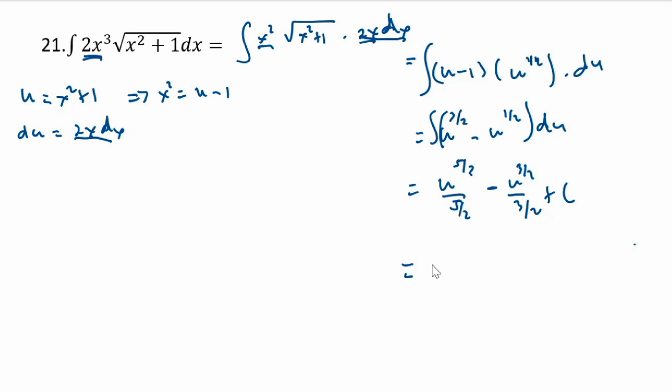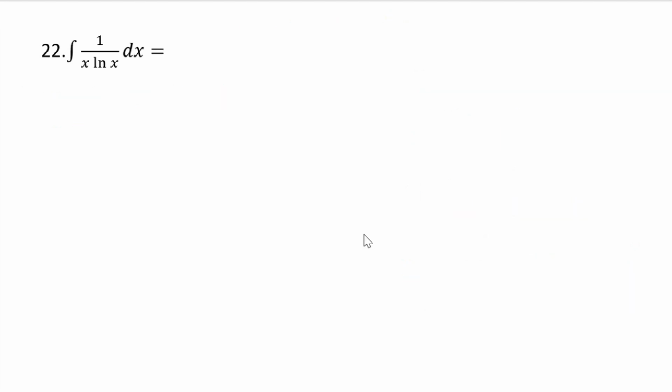So simplifying that, that will give us 2/5 of u, where u is x squared plus 1, to the power of 5 over 2, minus 2/3 times u, which is x squared plus 1, to the power of 3 halves, plus a constant.